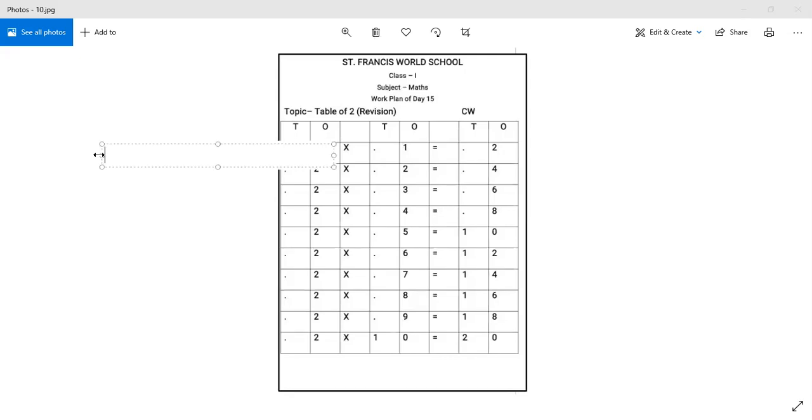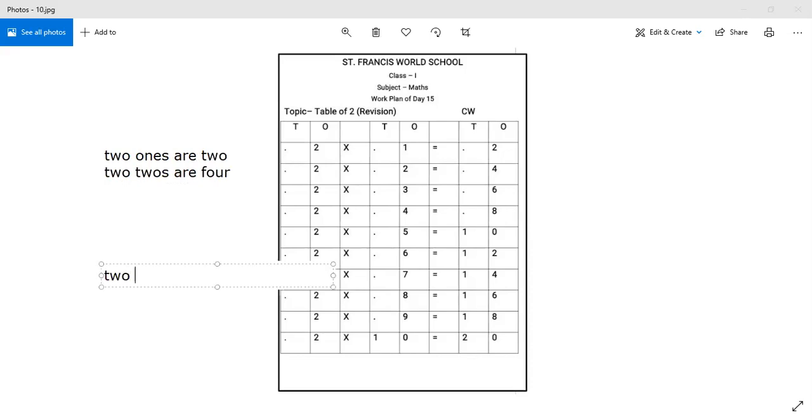When we are learning our table, we are saying 2 ones are 2. 2 twos are 4. Don't forget to read your table like this. This is the correct way, not the hurried way, which is not correct. This is totally wrong.